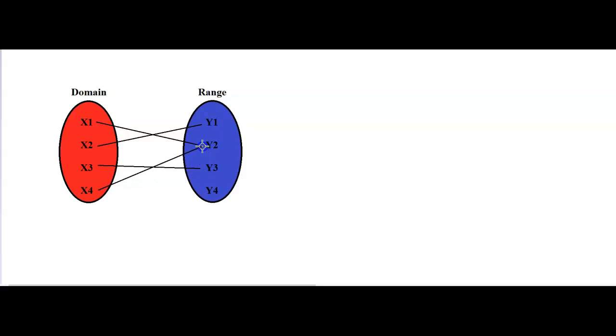If it was with y2, that would violate a one-to-one function, because now we would have a y2 that was mapped to two elements in the domain. So here we see that in the mapping, there's just one element of the range for every element in the domain, and one element of the domain for every one element in the range.